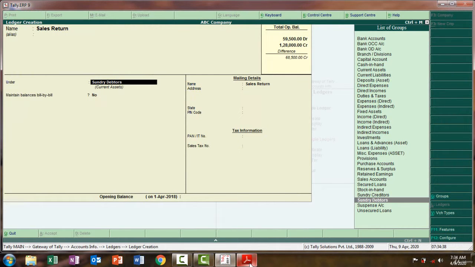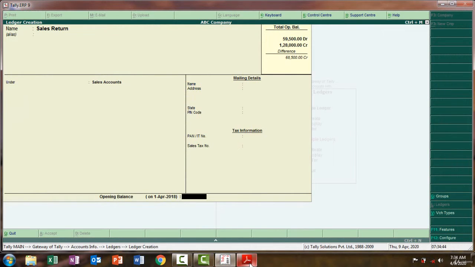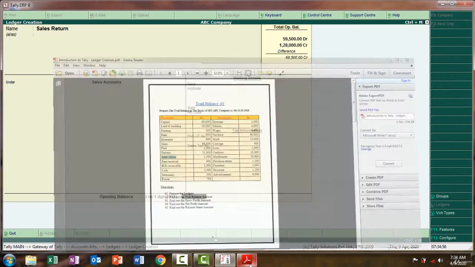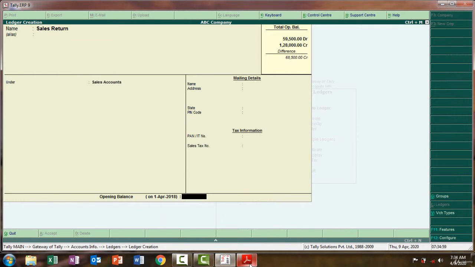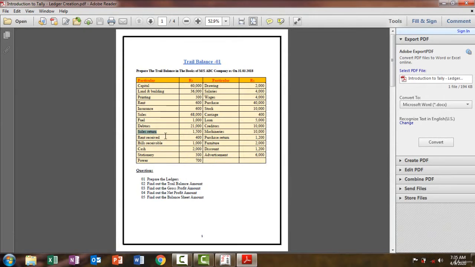Then we select the Sales Account, but it is not income, it decreases our sales, so it comes as debit. Sales is credit, but sales return is always debit. The amount is 1500. Credit is showing, but we have to type debit. Then accept.